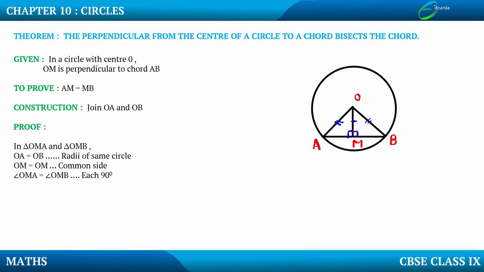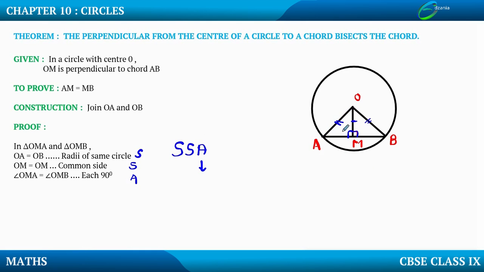Now observe the test properly. We have two sides of the triangle congruent and one angle congruent. But we know there is no SSA test. SSA does not exist. If we are getting side and angle, and suppose this angle is 90 degrees, that is in a right angle triangle, and the hypotenuse and one side are equal, then we say that the two triangles are congruent by the RHS test.